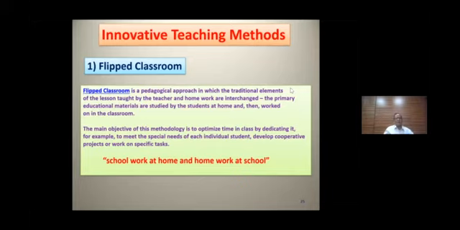In flipped classroom, we make the student study the subject by himself, and then we discuss the application part of that topic in the classroom. That is why we say school work at home and homework at school.